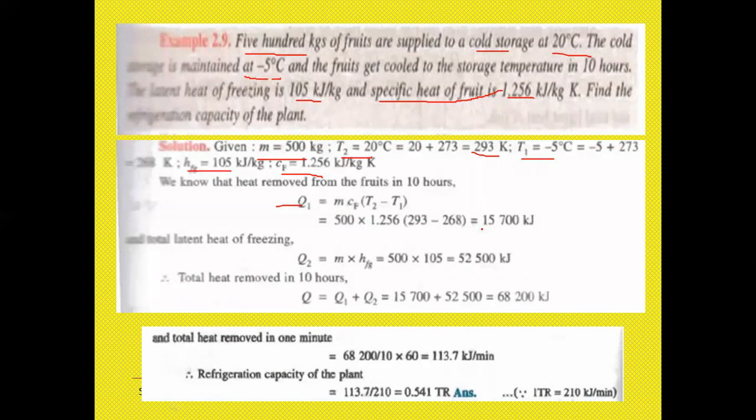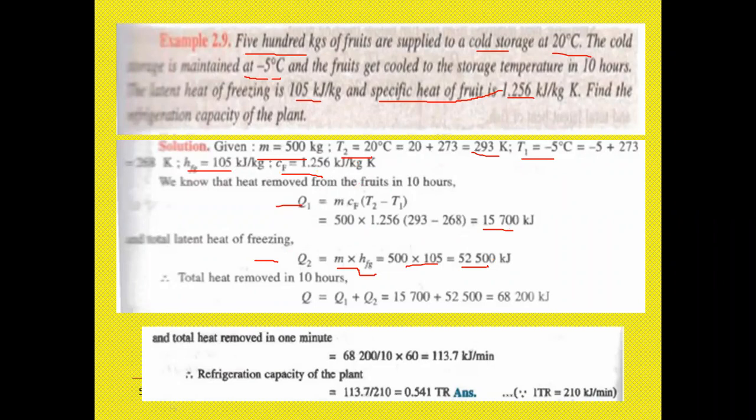So finally you are getting 15,700. That is heat rejected from the fruits in 10 hours. Now the latent heat of freezing, Q2 is equal to M into latent heat. 500 into 105. Where did 105 come from? This is the 105. That is 52,500.